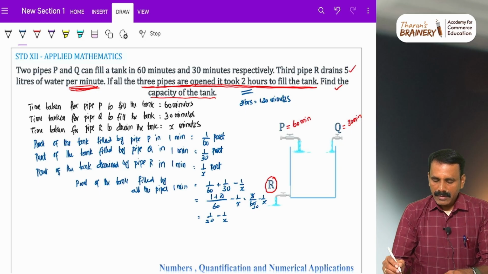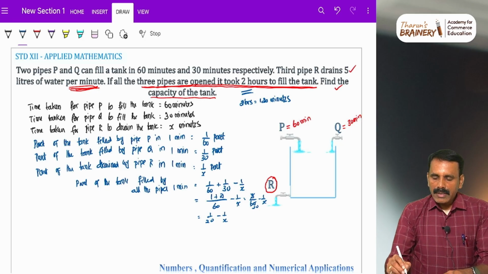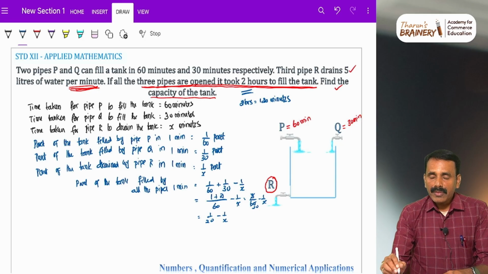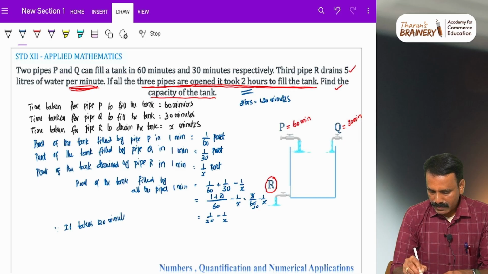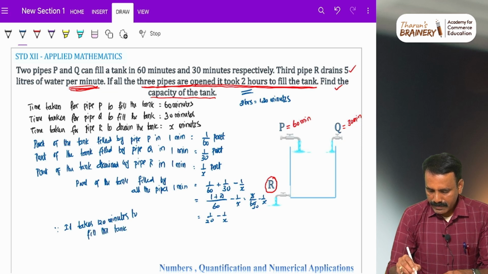Okay. Now it is going to take 120 minutes to fill the tank. Since it takes 120 minutes to fill the tank, 120 into 1 by 20 minus 1 by X will be equal to 1.